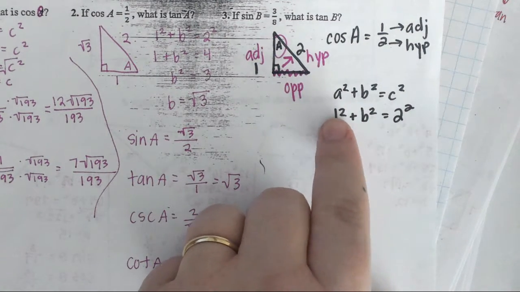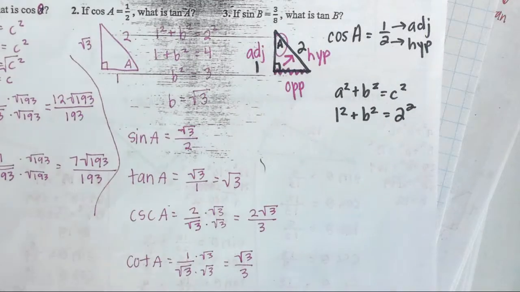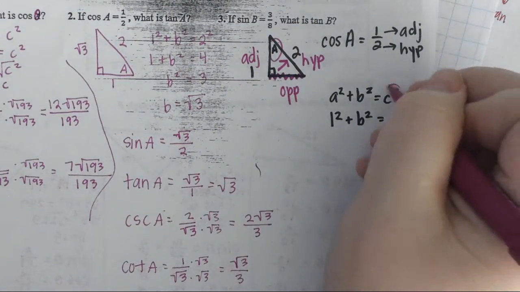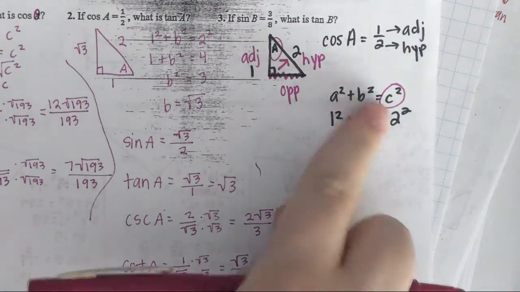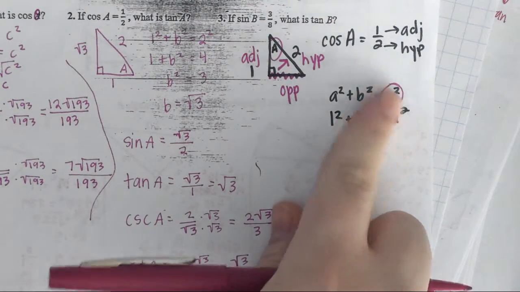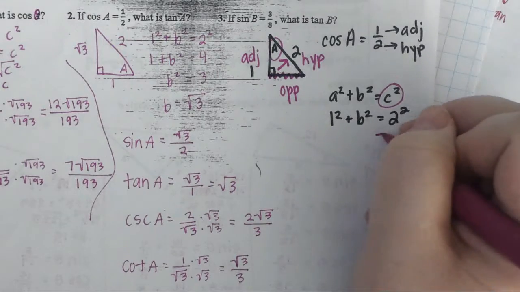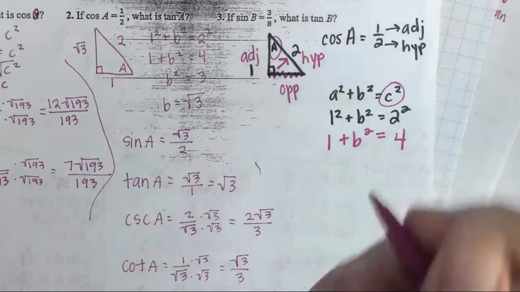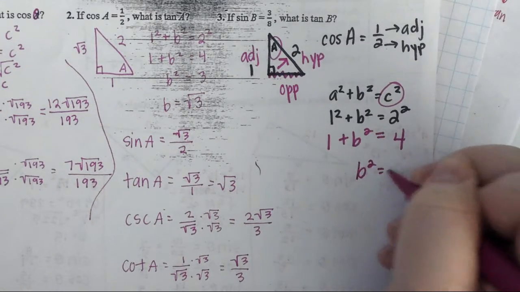It doesn't matter if you put the 1 in for the A or the B. All that really matters is that Valeria makes sure the hypotenuse goes in C. So her hypotenuse was 2, so that's why I put 2 squared in for C squared. Okay, so I've got 1 plus B squared equals 4. So I've got B squared equals 3.